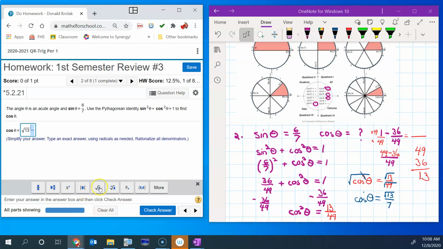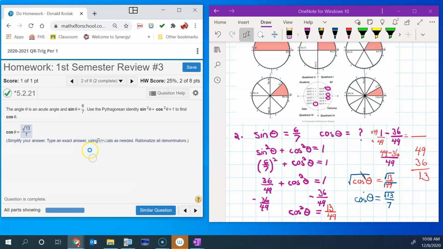Oops, that should be root 13. Seven, get rid of that guy. Here we go.